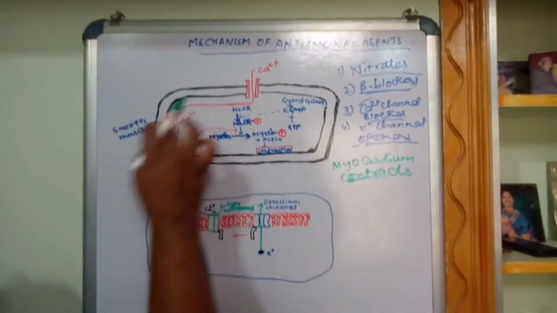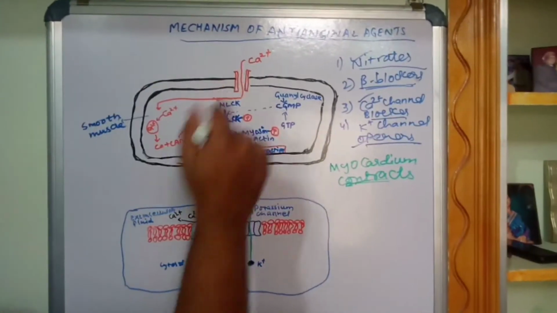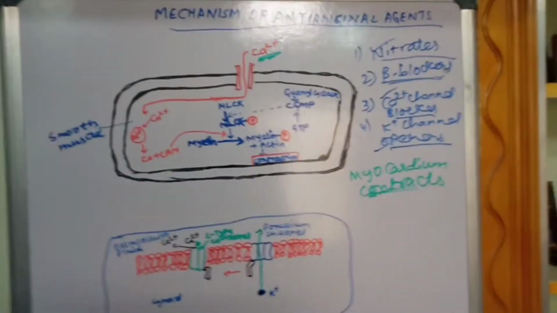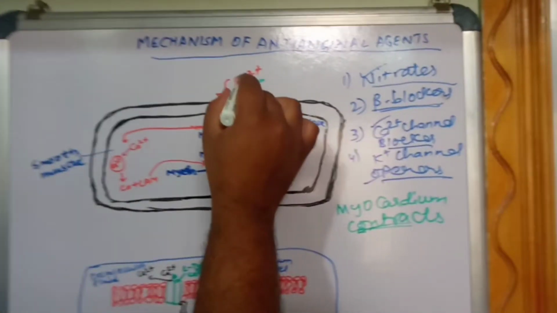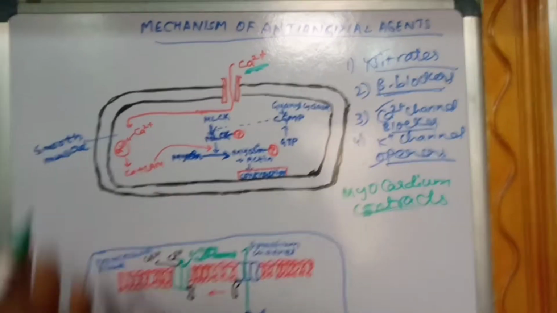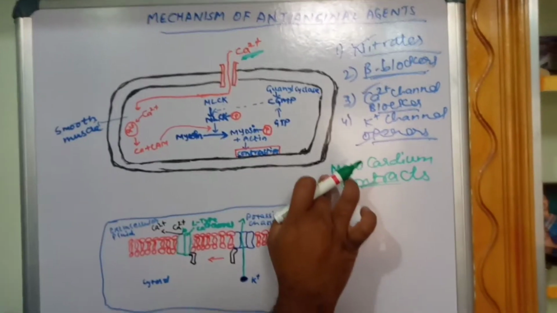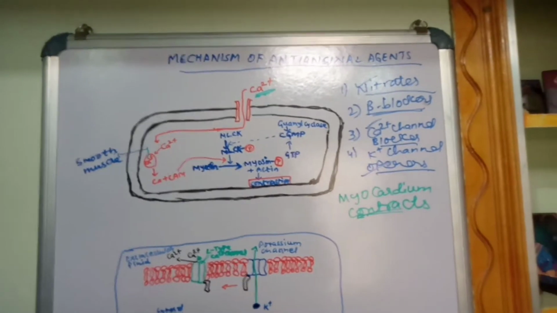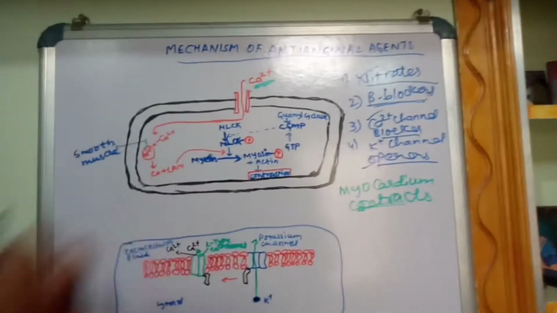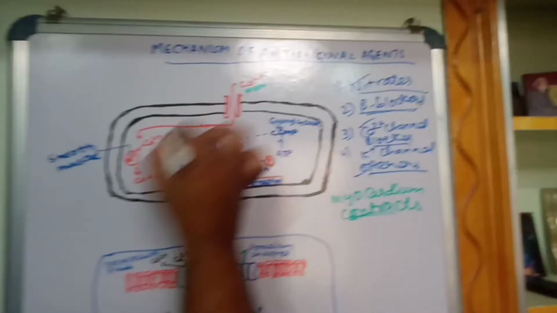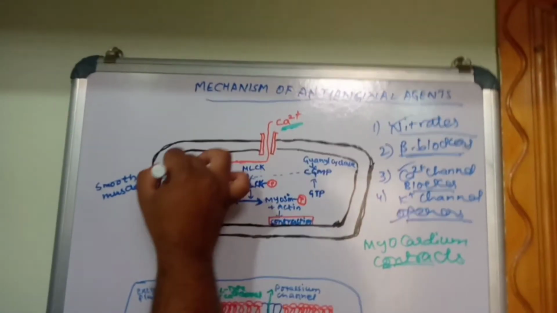If you look at the smooth muscle membrane, in the extracellular space you can find calcium. This calcium enters inside the cell, the smooth muscle of the myocardium, through a channel that is opened.